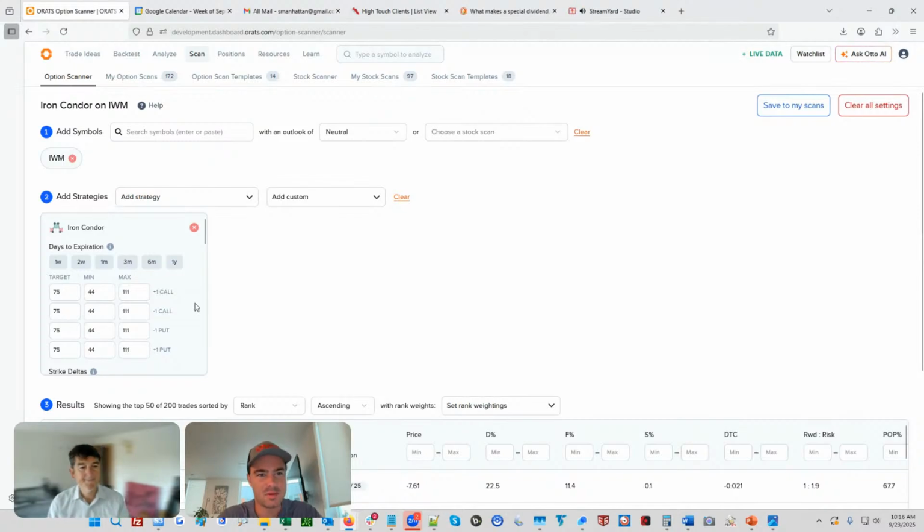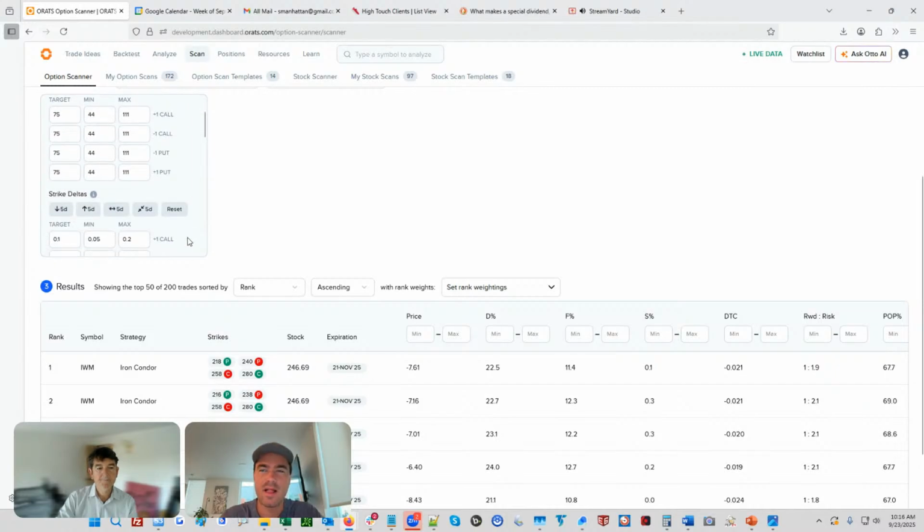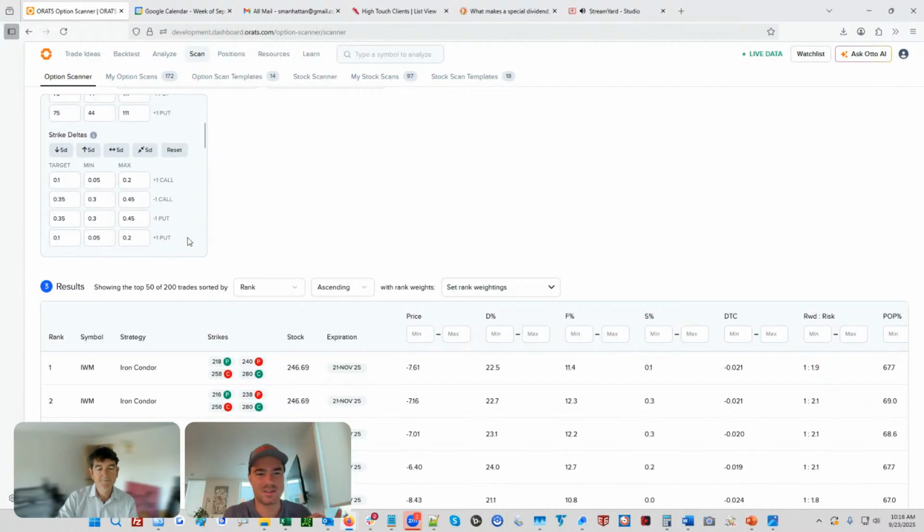So the option scanner tool, again, you can use it just like the backtest finder, except the trade ideas is basically our system using it like a person would, looking at this table and running the rank weightings and setting the filters and all that. Yeah, you bring up a good point, Tyler.